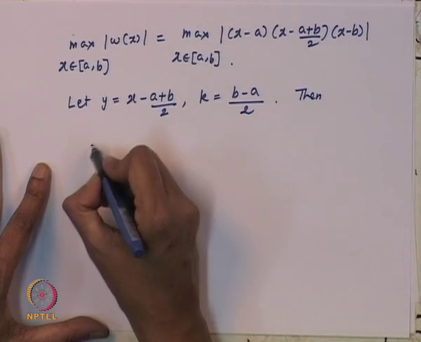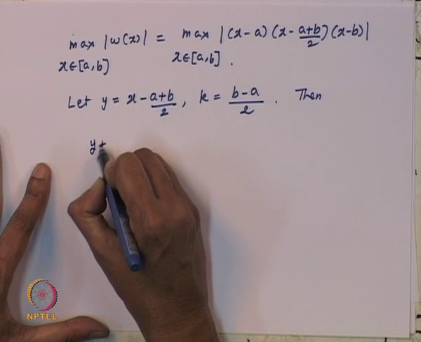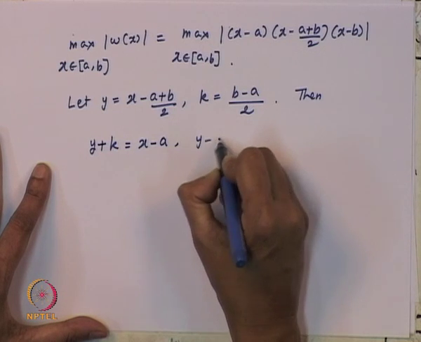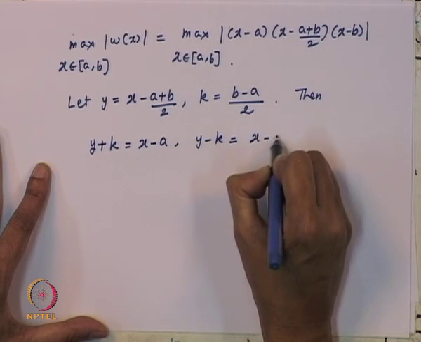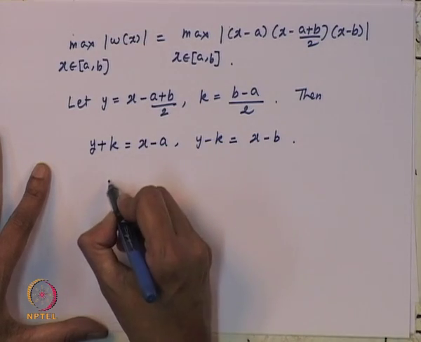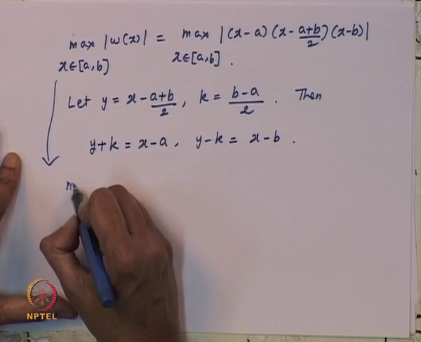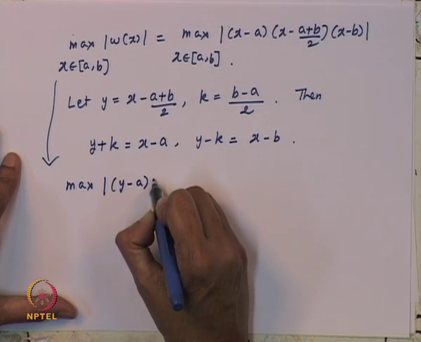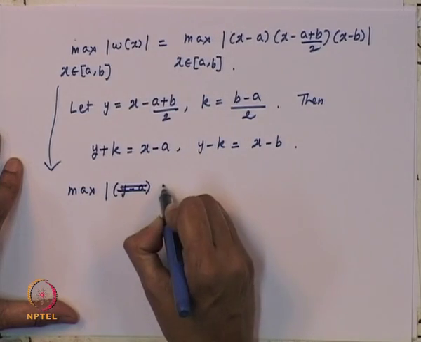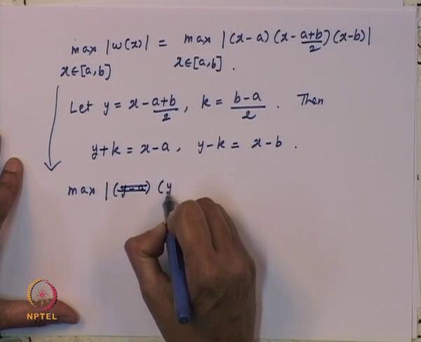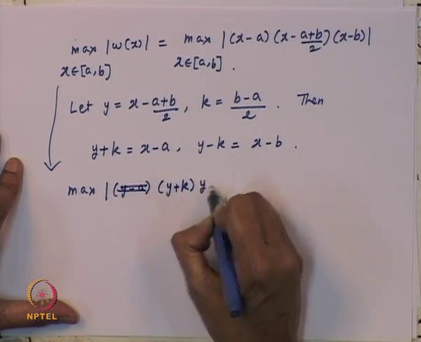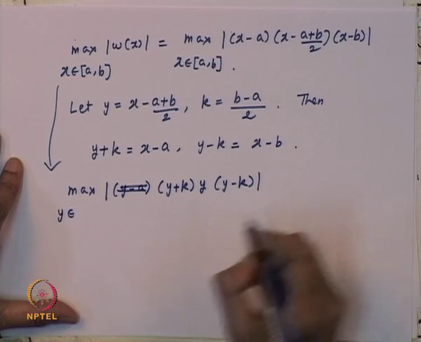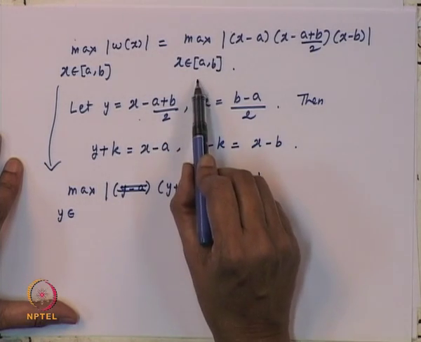Then when we look at y plus k, that will be nothing but x minus a. y minus k will be x minus b, and hence this maximum reduces to the maximum of mod of y plus k, y, y minus k, where x varies over the interval a b.